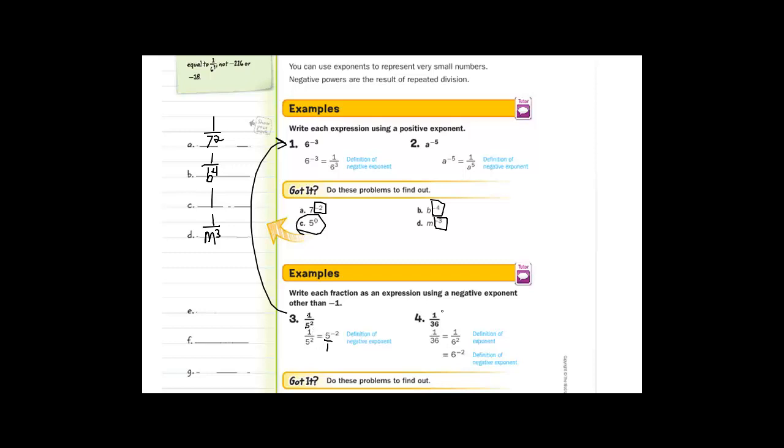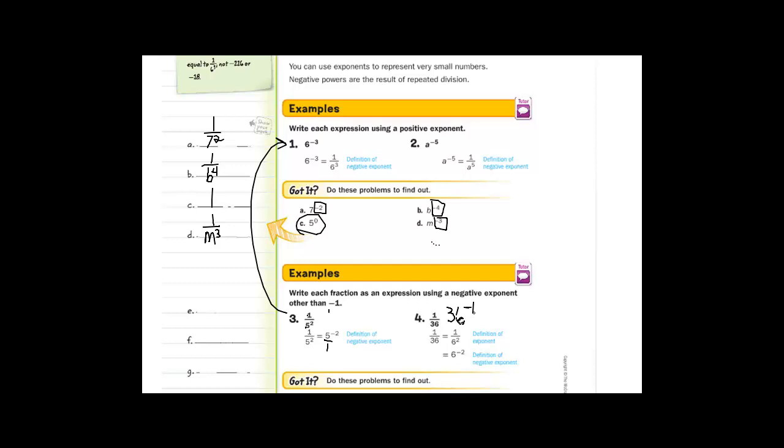So 1 over 36. The reciprocal would be 36 over 1, or just 36. Now, it said exponent other than negative 1, and that's what that would be there. That would be 36 to the negative 1 power. But it also said other than negative 1.